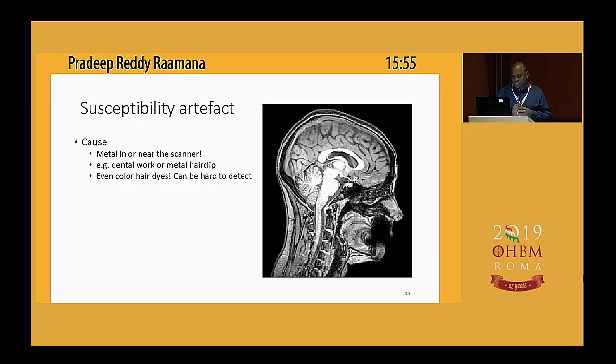If something as mild and subtle as colored hair dye is the cause, it can be really hard to detect unless you pay a lot of attention and specifically look for it. So for example, that's the susceptibility artifact in this particular cross section, most likely due to dental clips. And you want to look for a natural black area or a type of hole in that location.